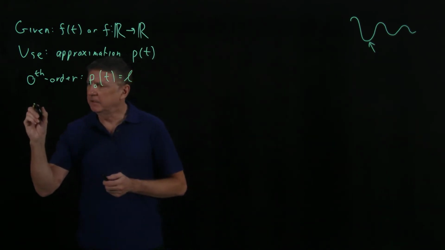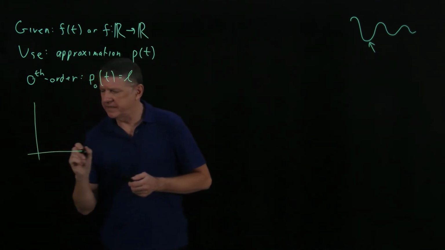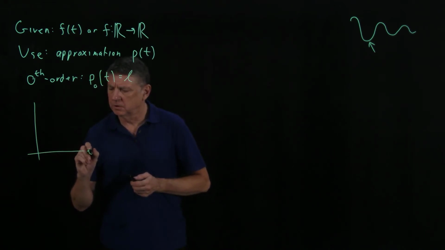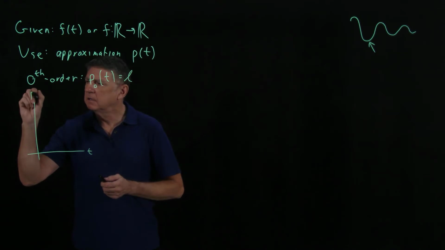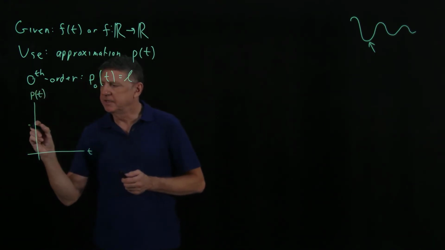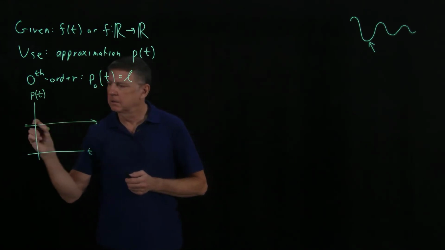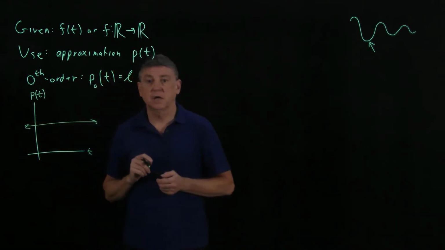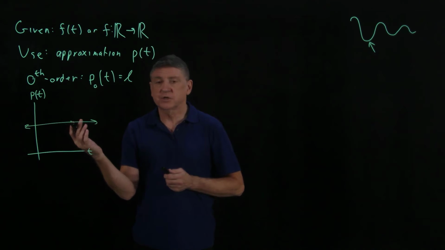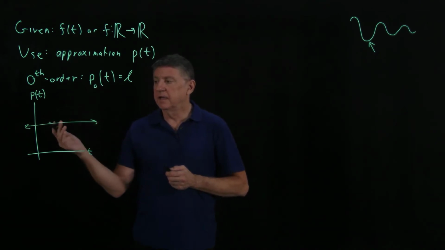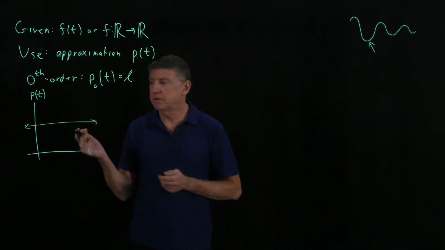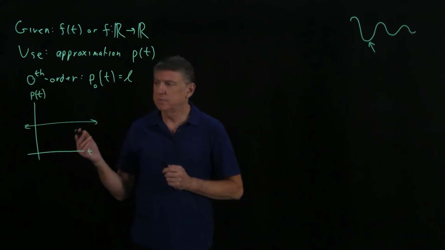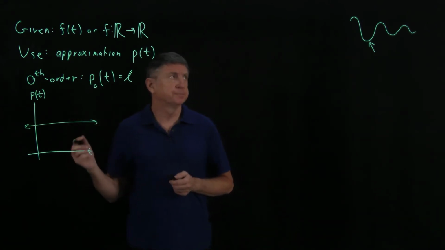And graphically, if the horizontal axis is our argument t, and the vertical axis is the response, this would be a constant line. And because it's a constant line, everywhere is a minimizer and nowhere is a strict minimizer. And that doesn't look like it's going to be useful in this application.